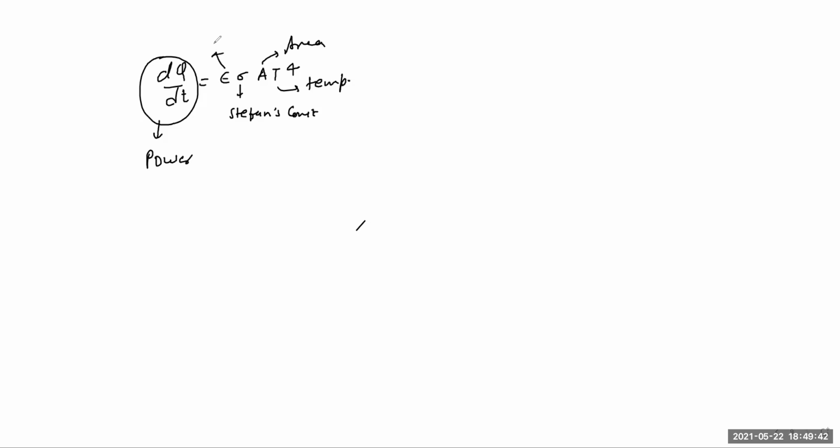It's epsilon sigma T to the power 4 A. So you can ignore everything; this sigma is called Stephen's constant. This is power, this is area, this is temperature, and this is dimensionless, called emissivity actually.